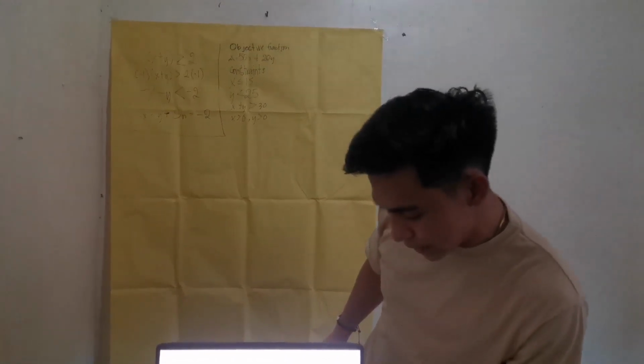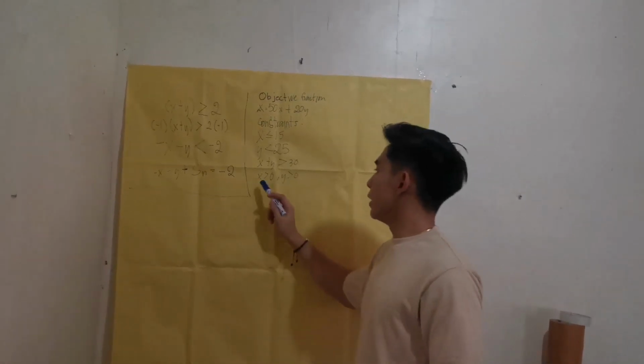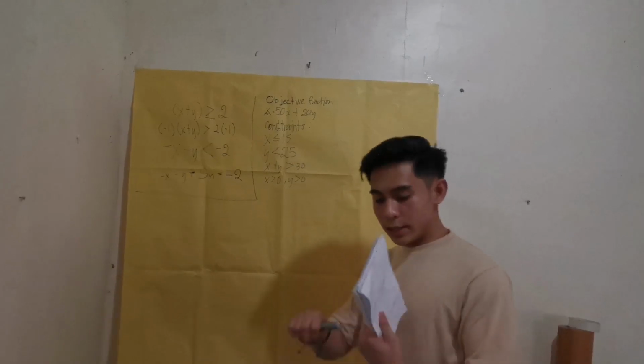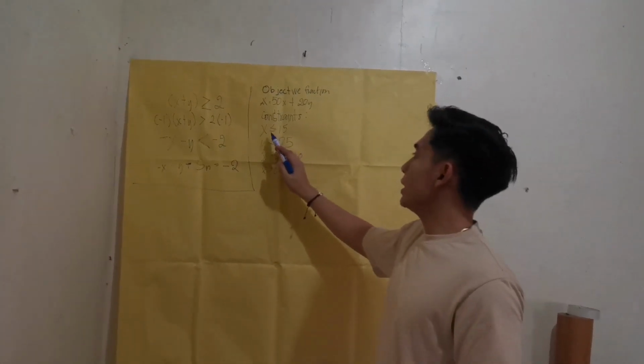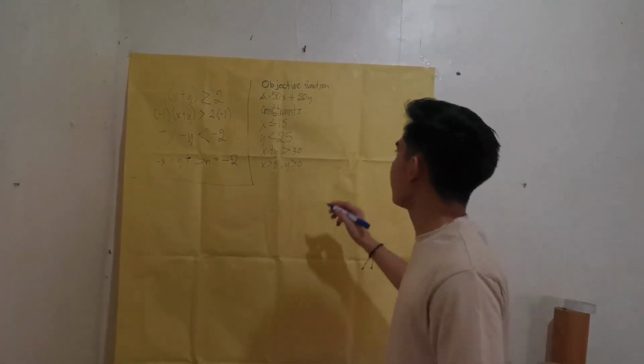And it must be at least 30 acres. So, greater than 30. And so, we convert these, or we add the slack variables since we have less than symbols.